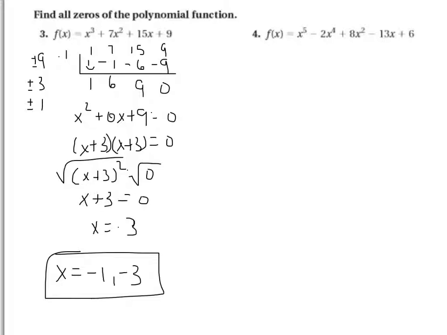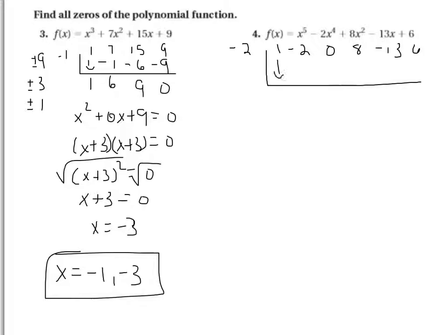Okay? So go ahead and press pause and try the next one. So hopefully you did. So I see that -2 is one of the zeros. I have 1, -2, 0, because remember there's no x to the third. Remember that. You gotta have them all in there.